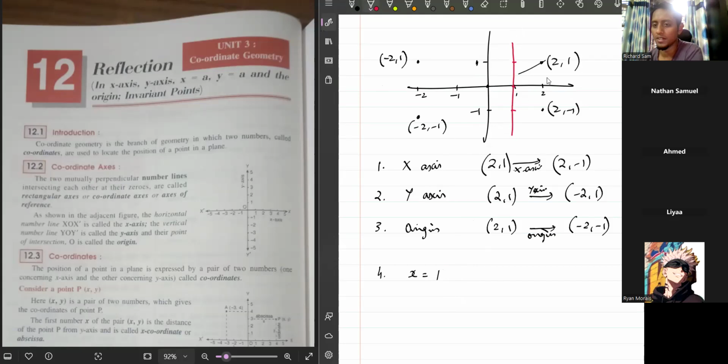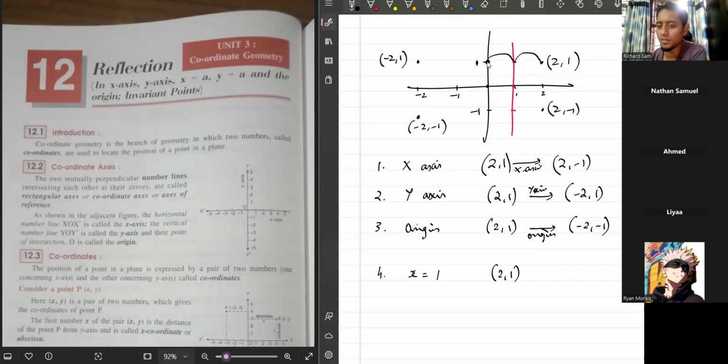So how would the point 2 comma 1 reflect on this line here? This point is 1 unit in front of it, so its reflection will be 1 unit behind. This is where its reflection will be.